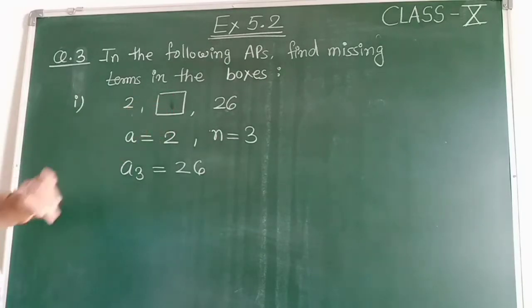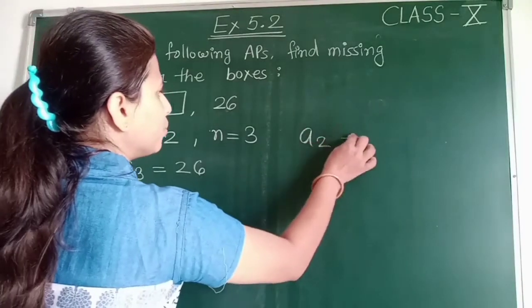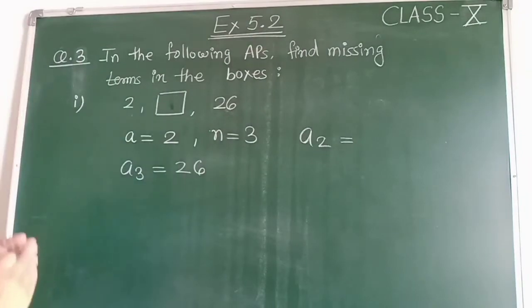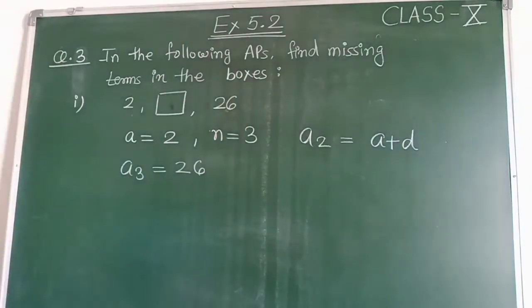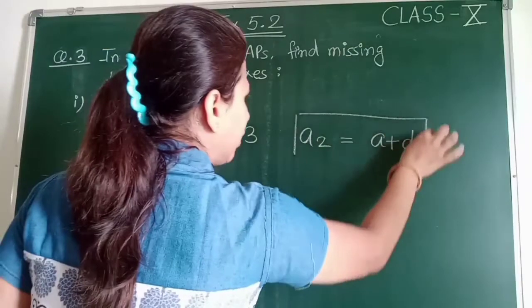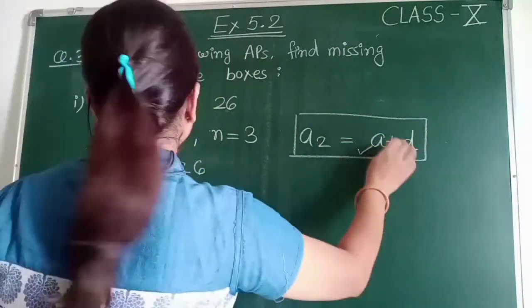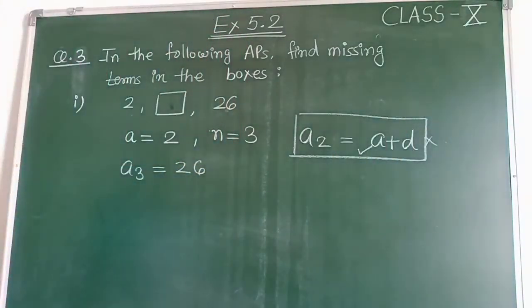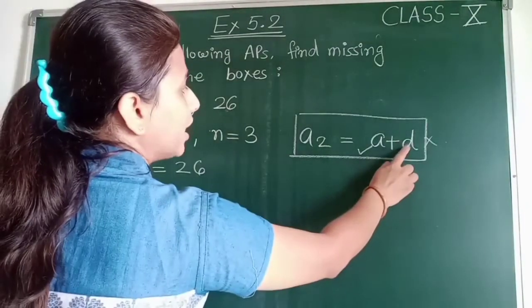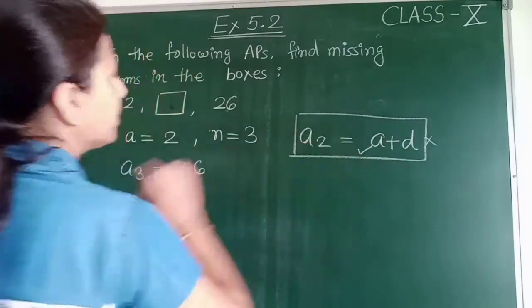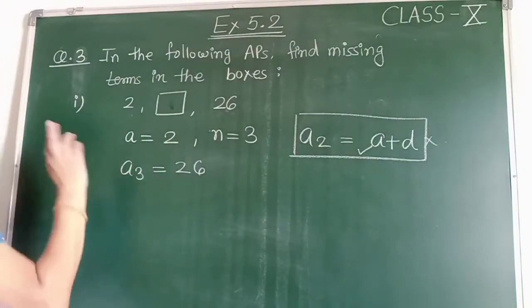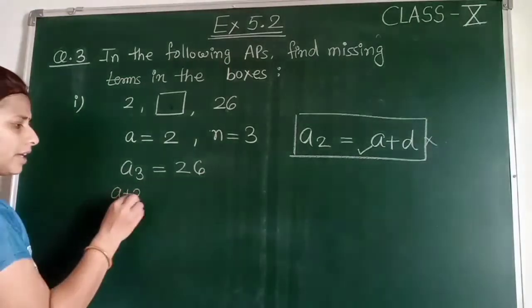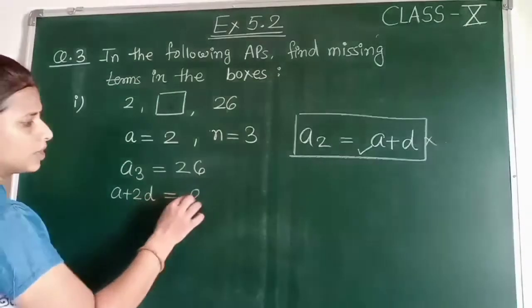For finding the second term, A2, as we know from the general form, A2 is given by A plus D. Here we know the value of A, but we don't know the value of D. So we have to find the value of D first, then we will find the second term. Here the third term is 26. As we know from the general form, the third term is A plus 2D, which equals 26.